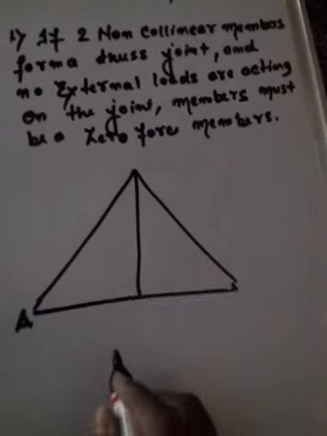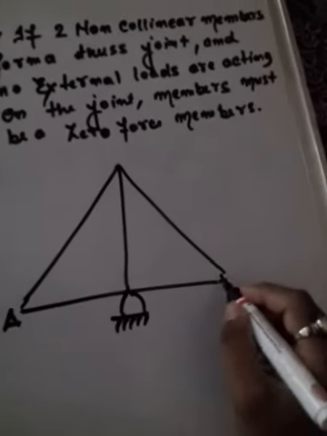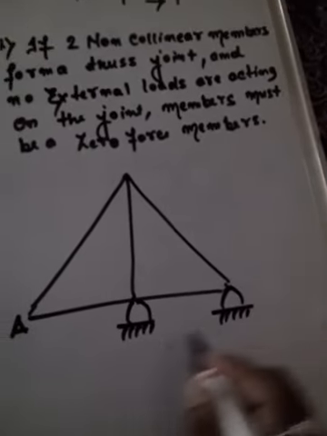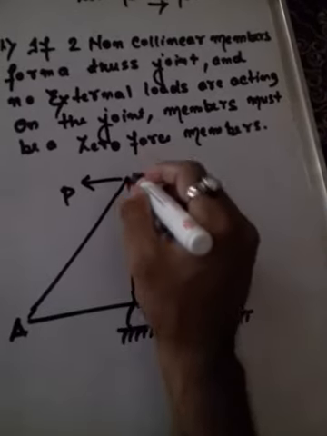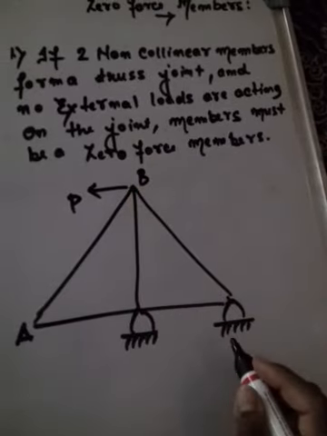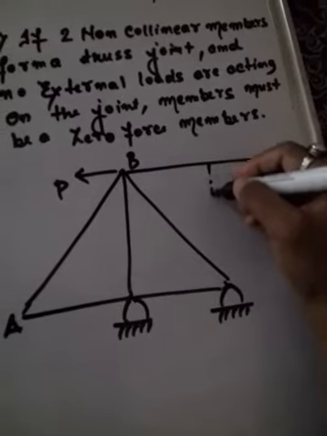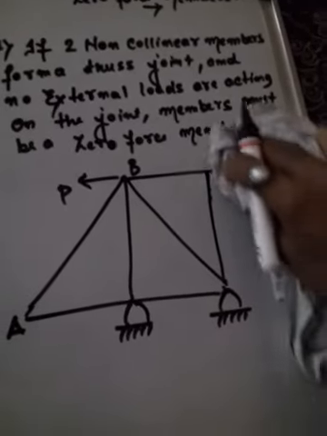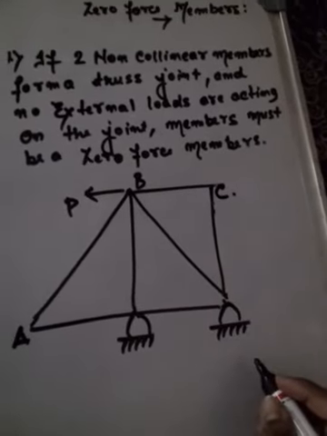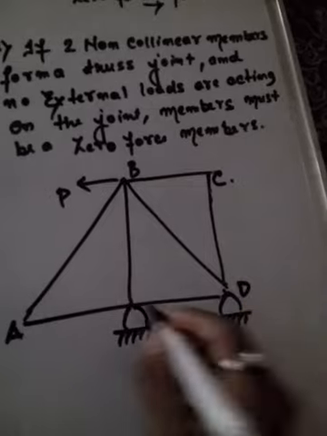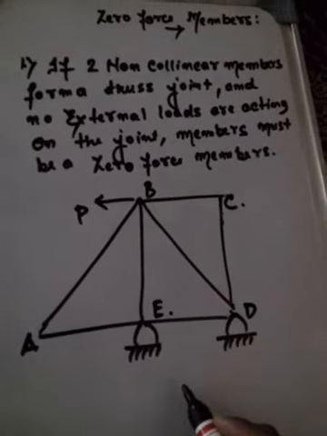This was a typical truss which we had seen. Suppose a load is acting at this point. Suppose this was your truss. So the two non-collinear members are meeting at point C.